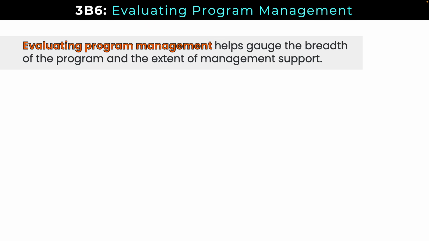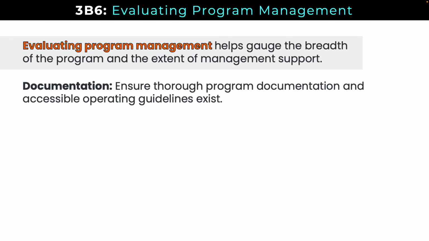So evaluating program management helps gauge the breadth of the program and the extent of management support. So ensuring thorough program documentation and accessible operating guidelines exist. Without documentation, there are going to be a lot of questions and high potential that when obligations are not met, when core operational tasks are overlooked, there's going to be a lot of finger pointing.